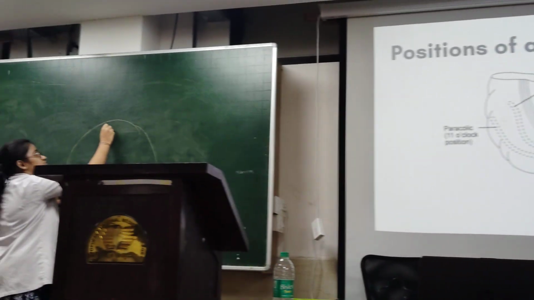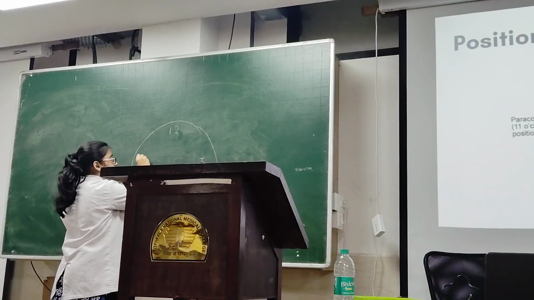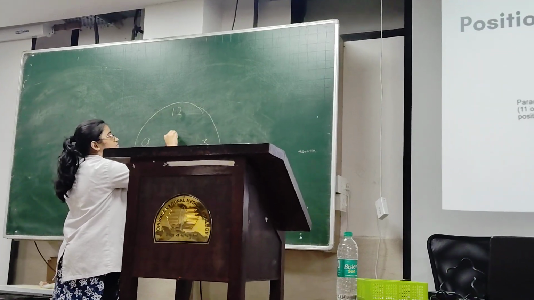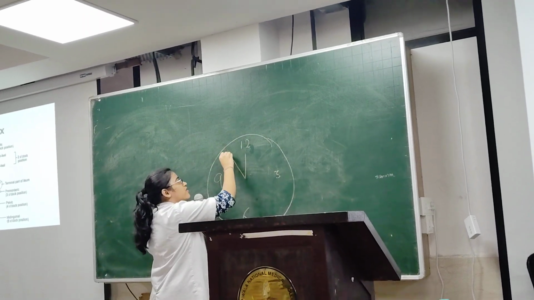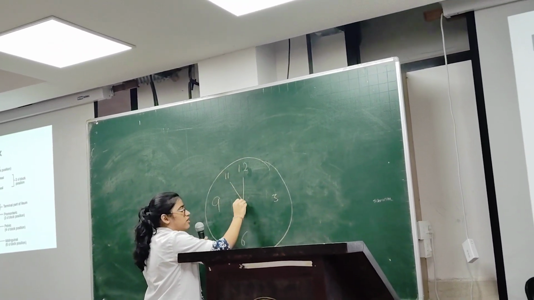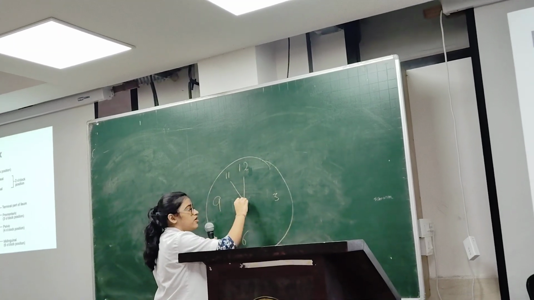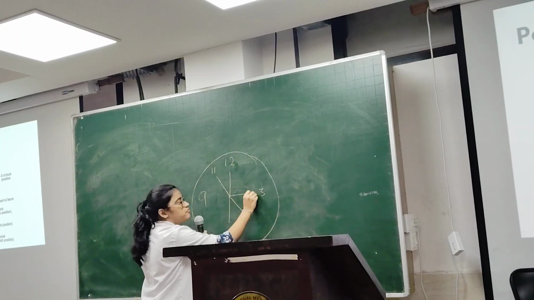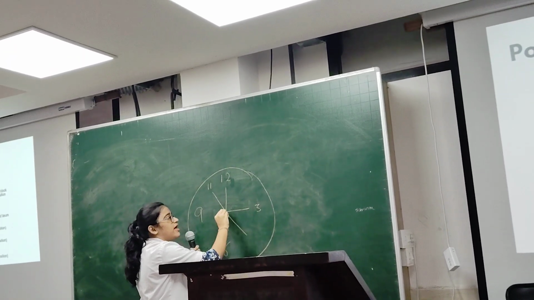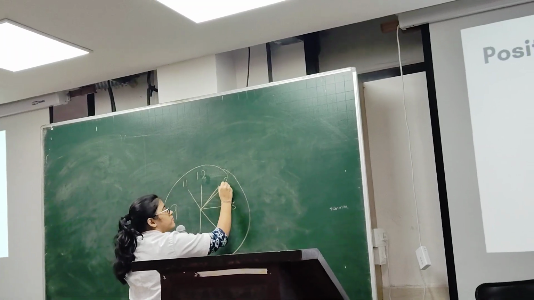If we consider this to be a clock, this is 12 o'clock, 3 o'clock, 6 o'clock and 9 o'clock. So this is retrocolic, which is 12 o'clock. This is paracolic, which is 11 o'clock. This is mid-inguinal, which is 6 o'clock. This is pelvic, which is 4 o'clock. This is promontoric, which is 3 o'clock. And the last two, the pre-ileal and the post-ileal, are at 2 o'clock.